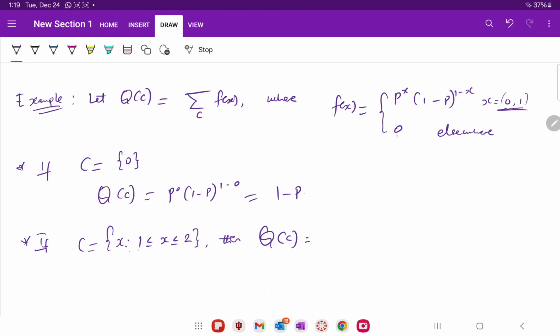So at other points our f of x equals 0, so we are only going to consider when x is equal to 1, and there's p to the 1 times 1 minus p to the 1 minus 1, that is 0, and that is equal to p.